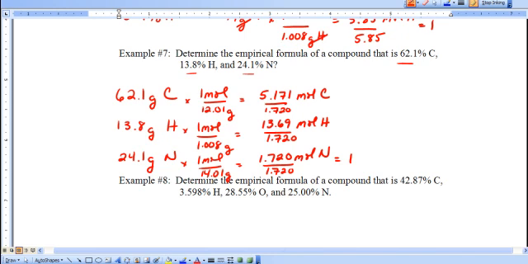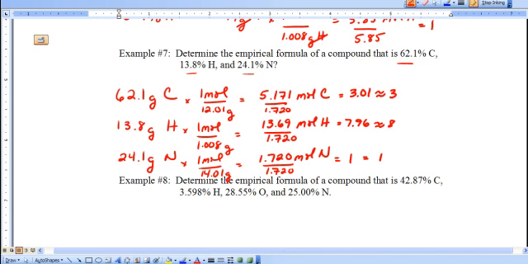If I take the 13.69 divided by the 1.72, I'm getting 7.96. And if I take the 5.171 divided by the 1.720, I'm getting 3.01. So effectively, though these aren't perfect numbers, this is approximately 3, this is approximately 8, and this is still 1.